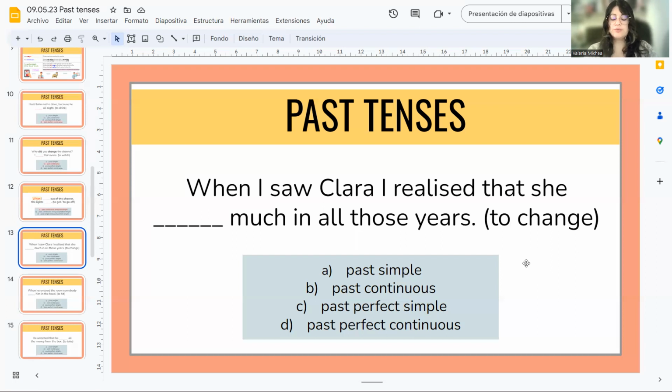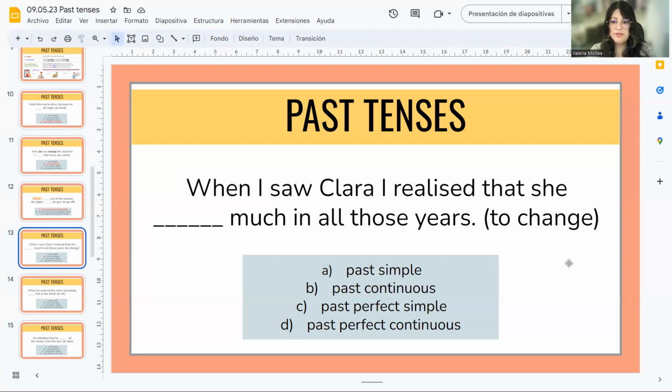Okay, we'll wait a few more seconds to give everybody the chance to answer. All right, we have enough answers. Let me end the poll and share the results. What do we have?